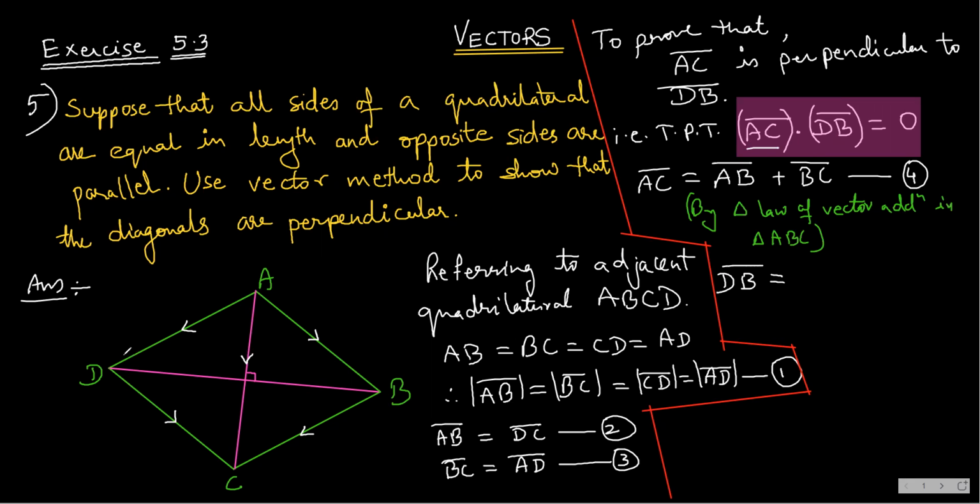DB bar is this vector D to B. So DB bar is DA bar plus AB bar: D to A, then A to B is the same as D to B. This is number 5.